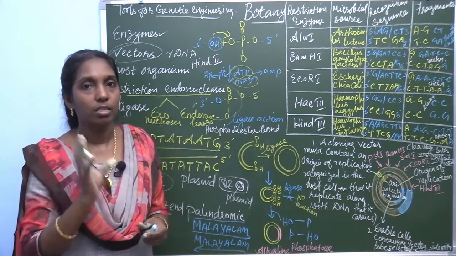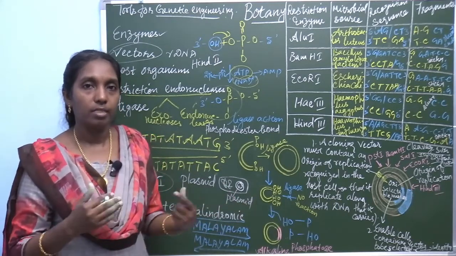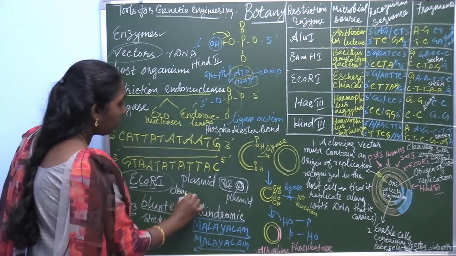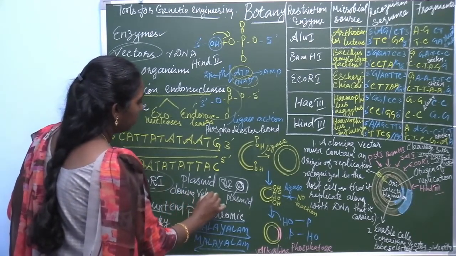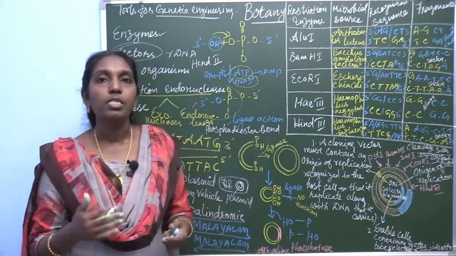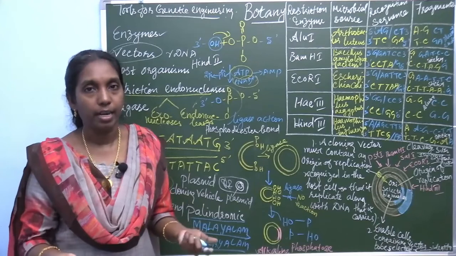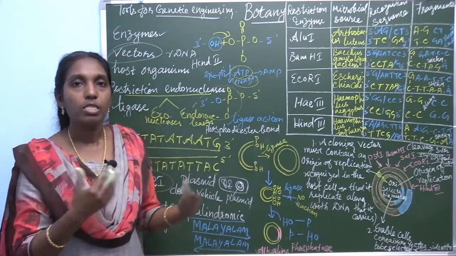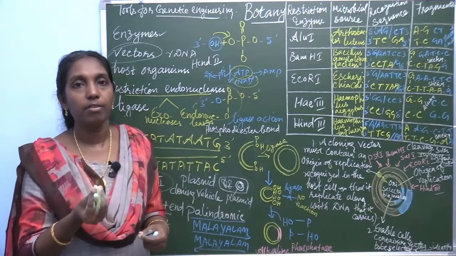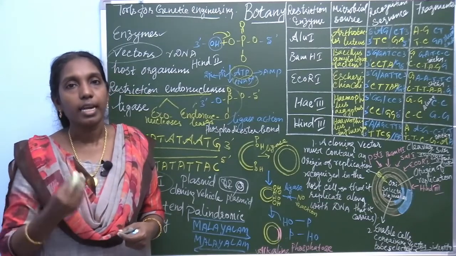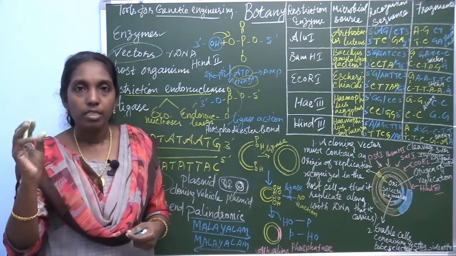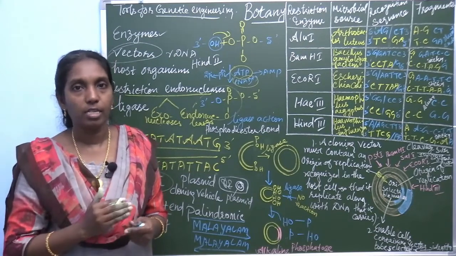There is a vector needed. So these vectors are otherwise called cloning vehicles. Vectors are named as cloning vehicle or cloning DNA. So DNA fragments, what's the function of this? It can carry the DNA fragment that is selected, that is the desired gene which is isolated from a particular DNA sequence.